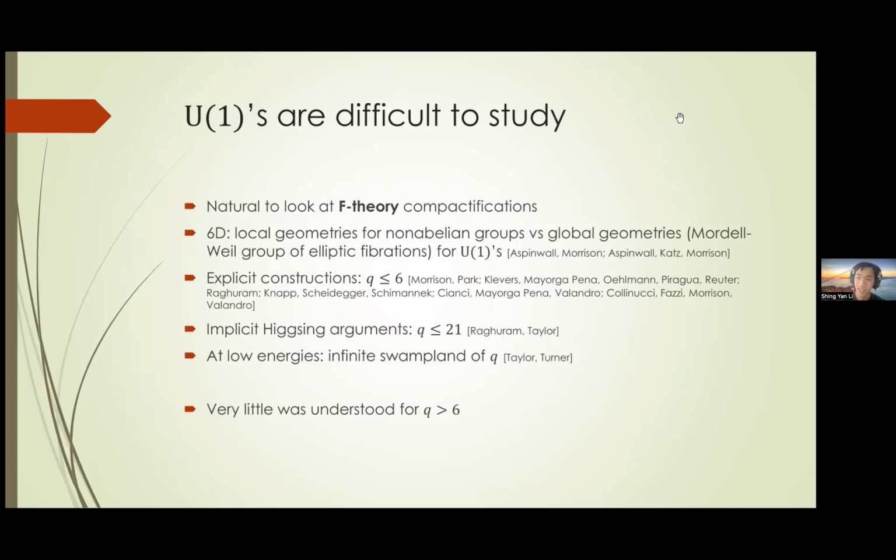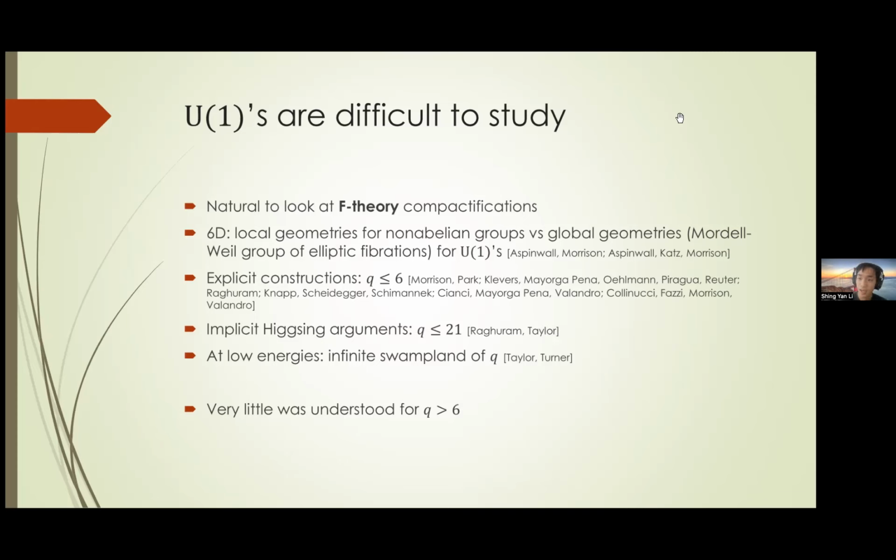I don't want to dig into what that is, because it's not our main point. But it relies on the global geometry and it's very hard to construct. Of course, we would expect the possible charges from there to be very limited. In fact, in the literature, the explicit constructions only go up to Q smaller than or equal to 6. That's a pretty small number.